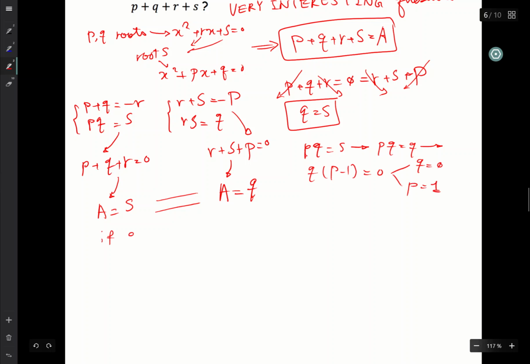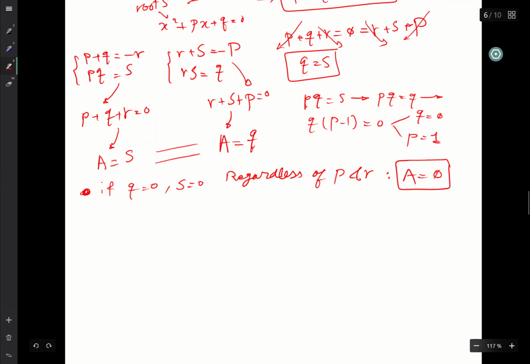Now if q equals 0, then s is equal to 0, and regardless of p and r, we end up with the sum equal to 0. Okay, now the other case is if q is not 0, therefore s is not 0, because q and s are equal, therefore p is 1, right, because of this term.